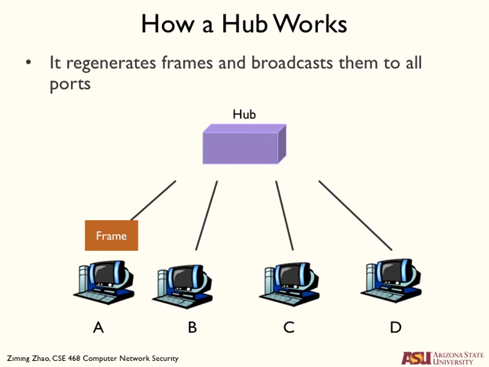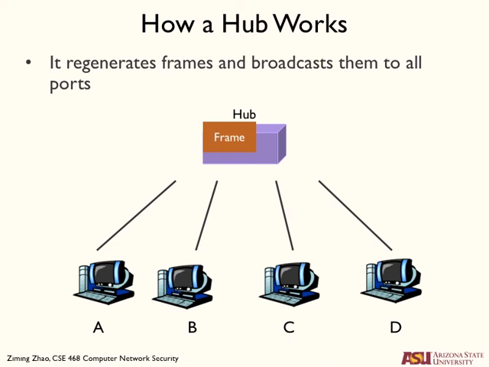For example, in this case, these four computers are on the same network. Workstation A wants to send some information to computer C. It will send the frame, and the data link layer unit is a frame, to the hub.